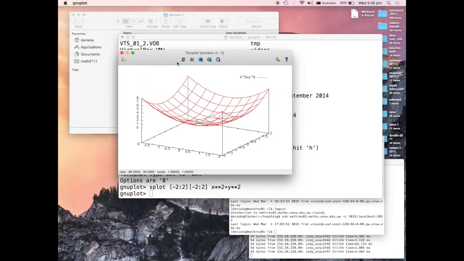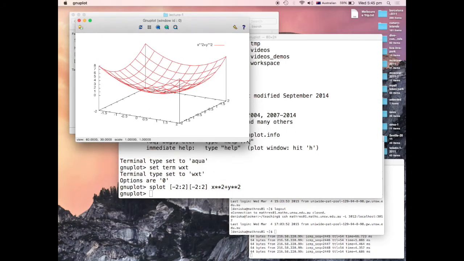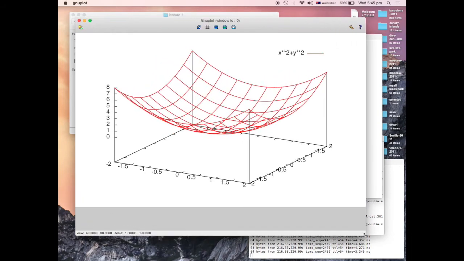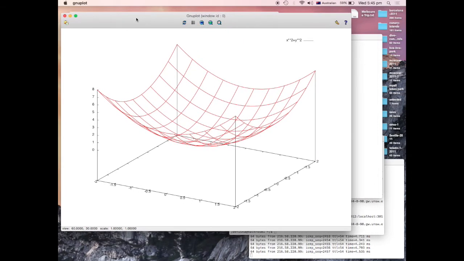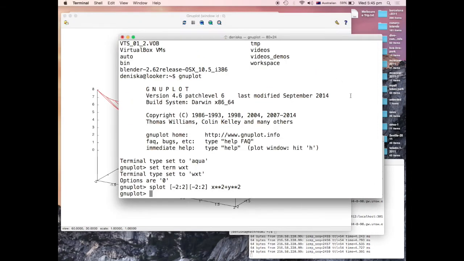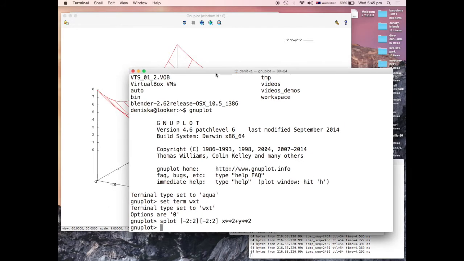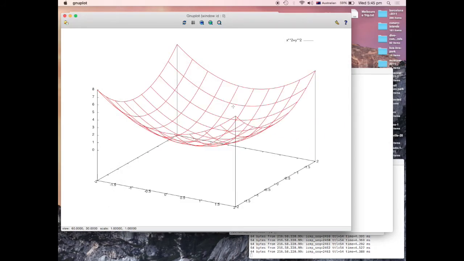Here it is. In GNU plot, the graph normally skews the proportions a little bit, because I think the algorithm behind the plotting just tries to use as much space as possible.